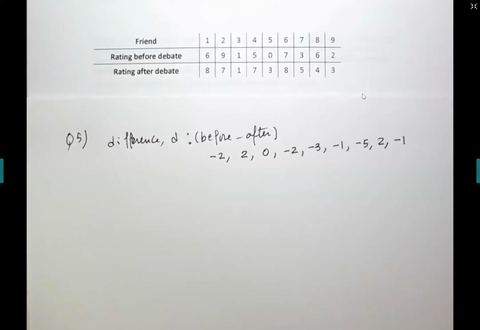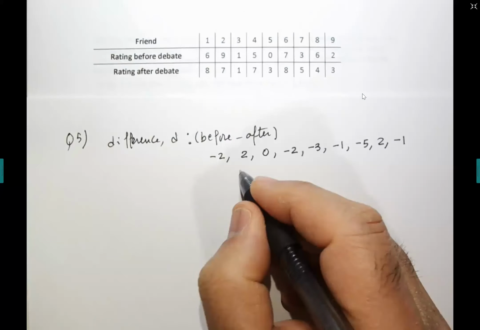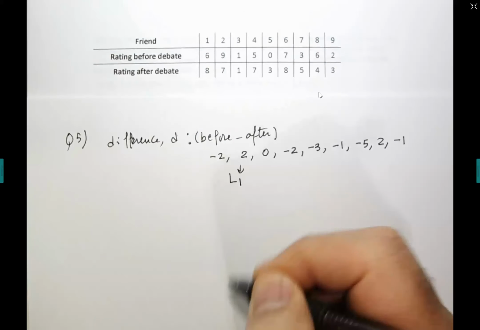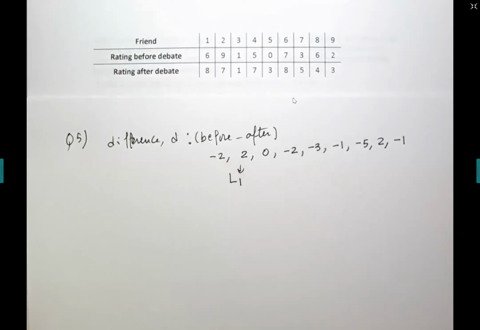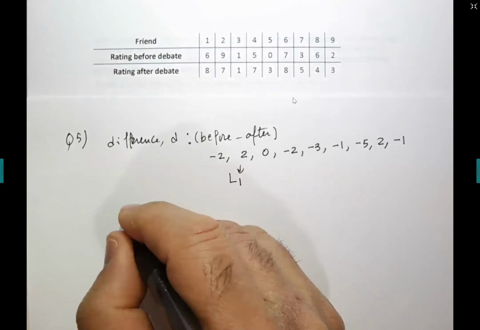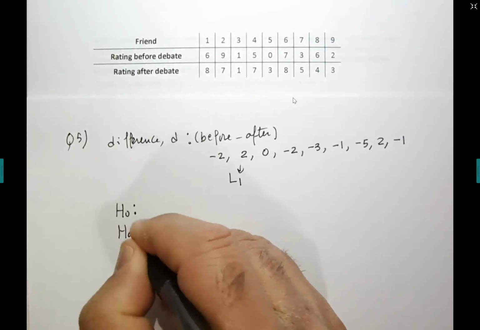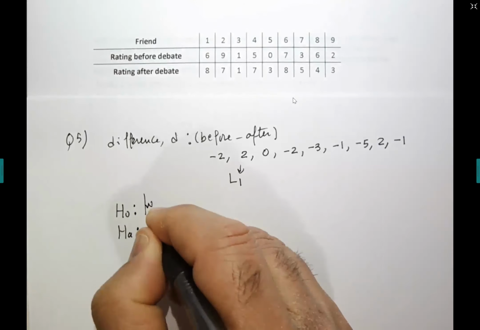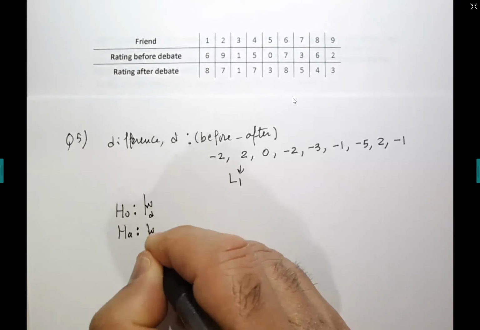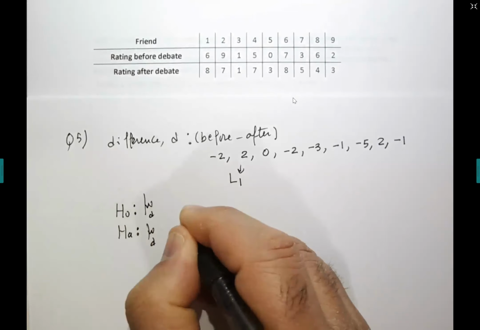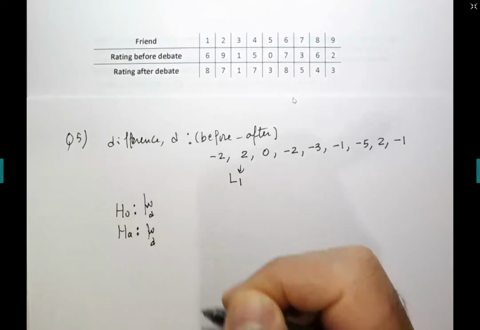This, guys, is gonna go to L1. And after this goes to L1, we're gonna set the null and the alternative hypotheses. And I'm not gonna set it myself. I want you to help me. See if you still remember what we did. Mean of the difference, mean of the difference. Can you tell me against what we test this one?